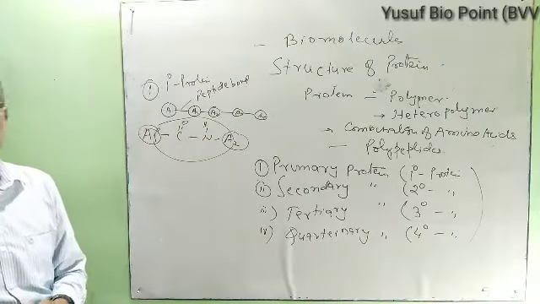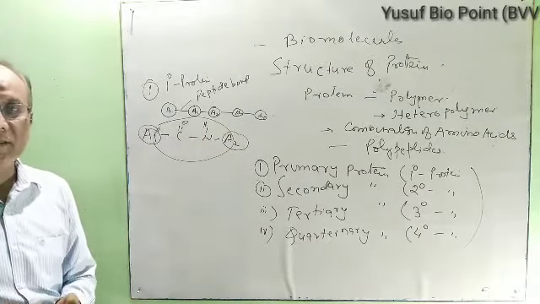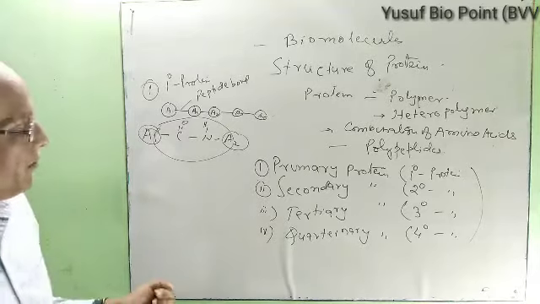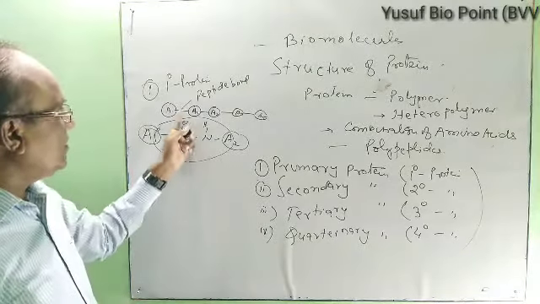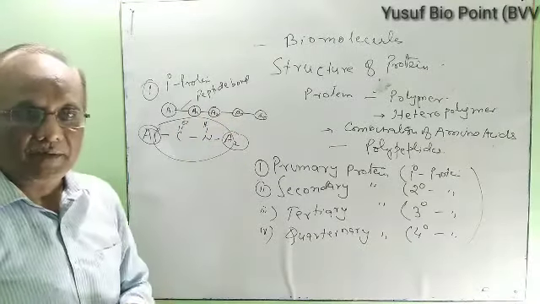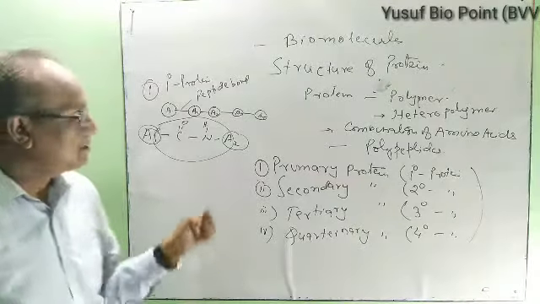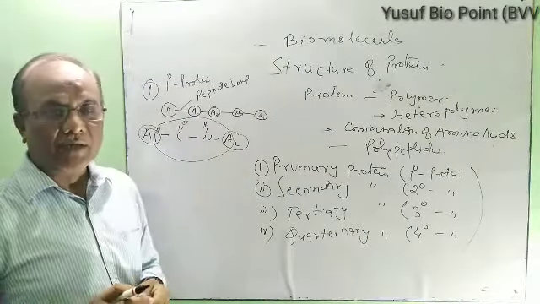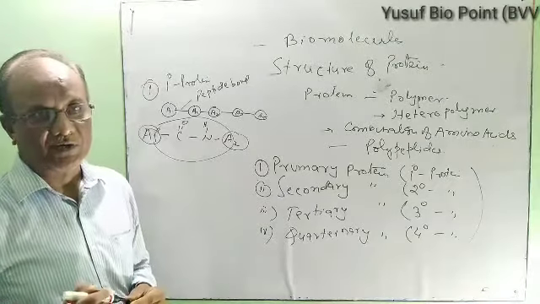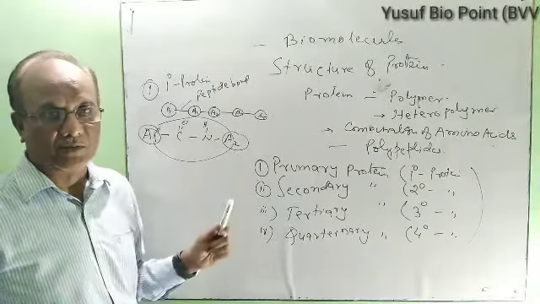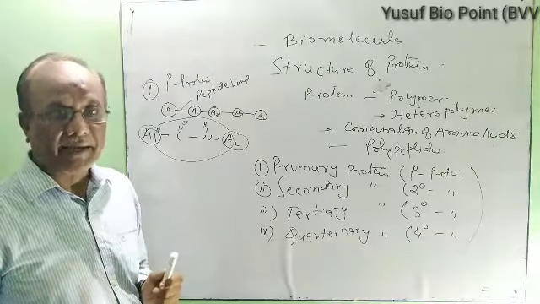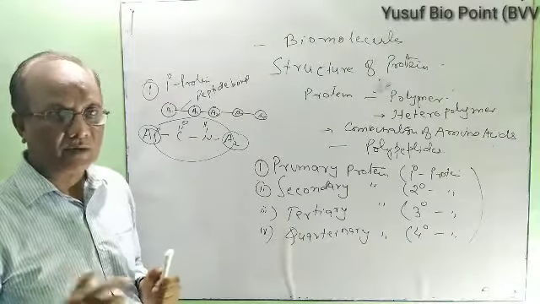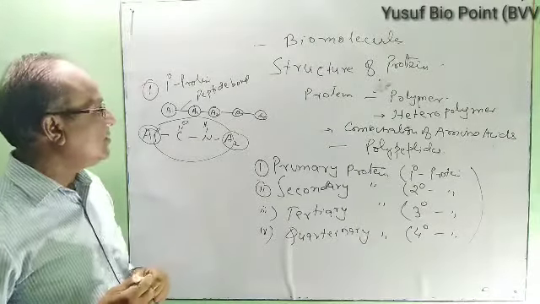I have already discussed this in the previous video. So these bonds are found so many. As many amino acids as are found, there is one less peptide bond. Understand?